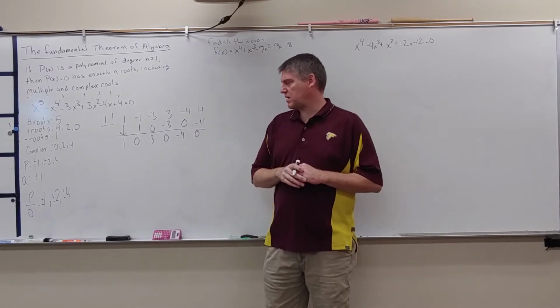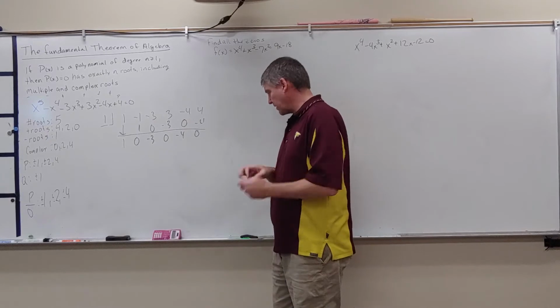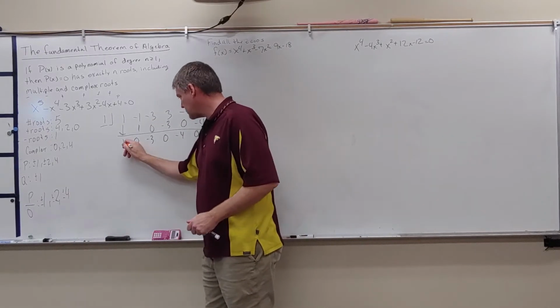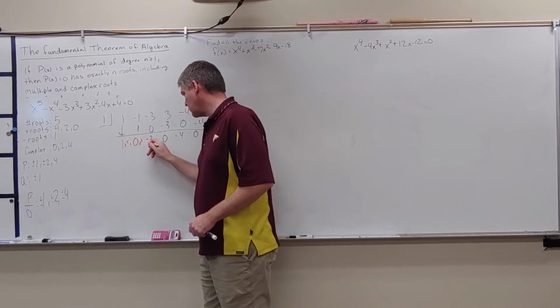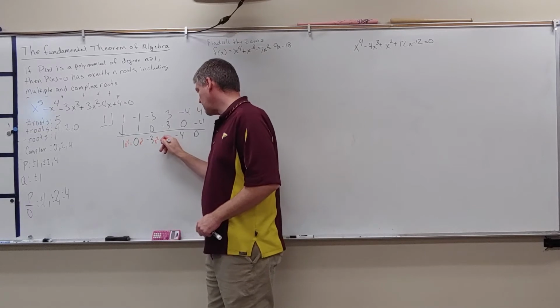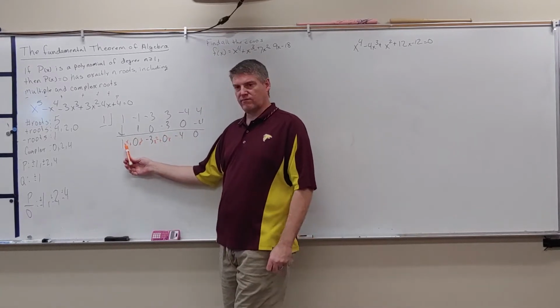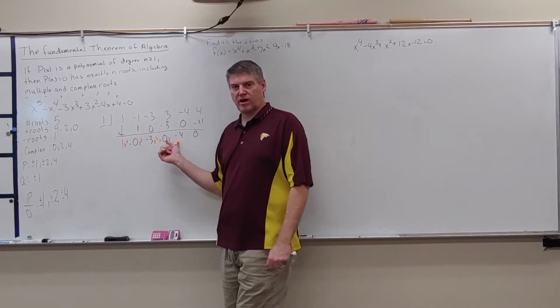So now I'm in a position here. I'm going to write in orange what these powers are. So this is x to the fourth plus 0x cubed minus 3x squared plus 0x minus 4. Notice here I have a power of 4, and then the next thing I have is a squared power, and then a constant.